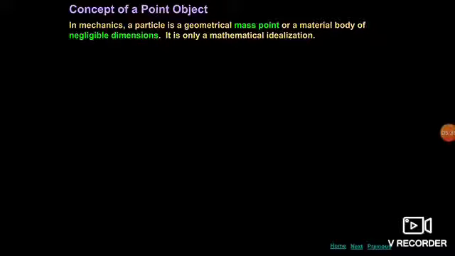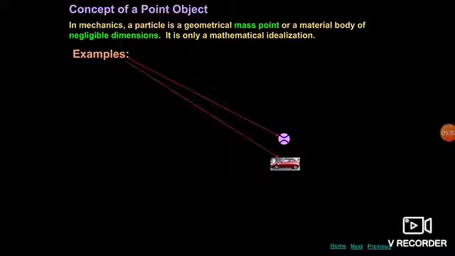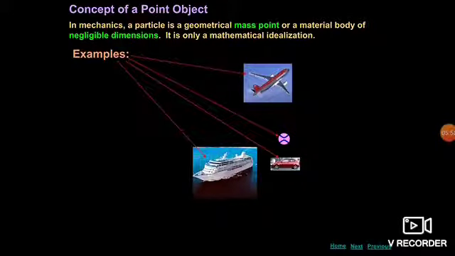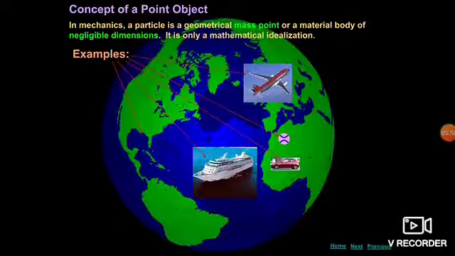It has no dimensions, actually negligible dimensions we can say. That means we consider a point object. For example, you can see one arrow coming towards a circular body. Then there is one car, one aeroplane, one ship. Clear? They all are on this earth.